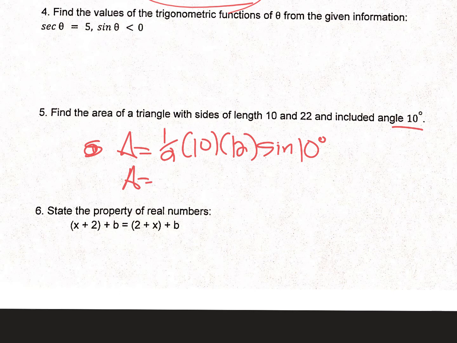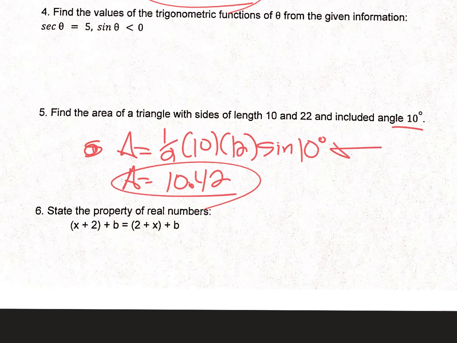So I'm going 0.5 times 10 times 12 times sine of 10 degrees. Make sure you're in degree mode, by the way. If you're not, you'll get the wrong answer. Hit enter, and I'm getting 10.42 for the area of that triangle. Okay, not a big deal there, but you do need to know the formula. It's 1/2 the two sides times sine of the angle.